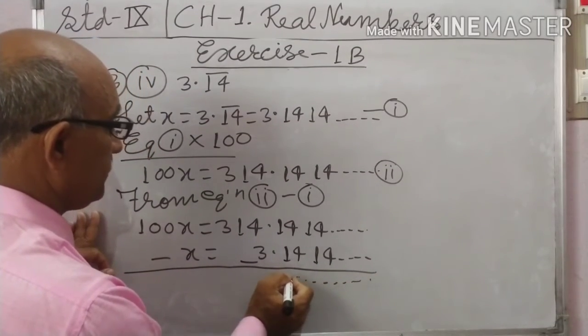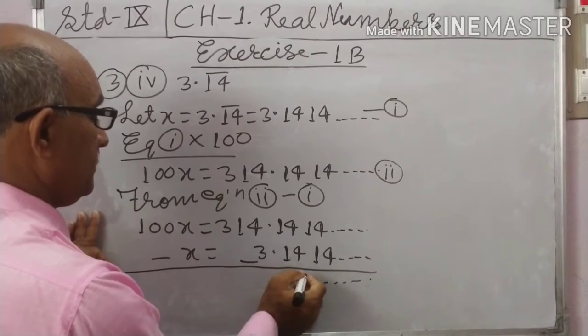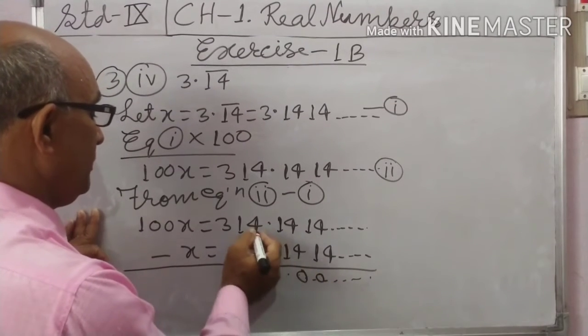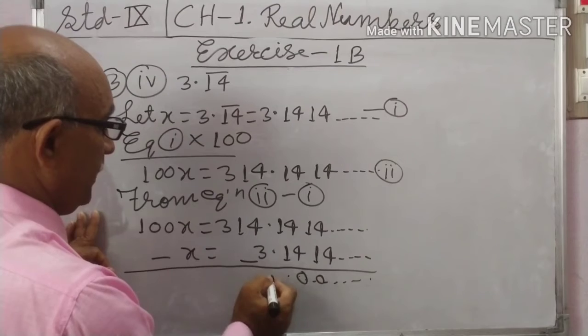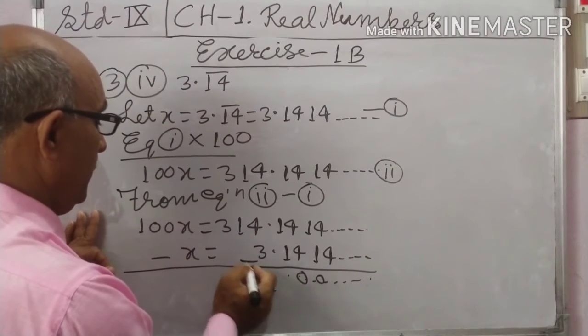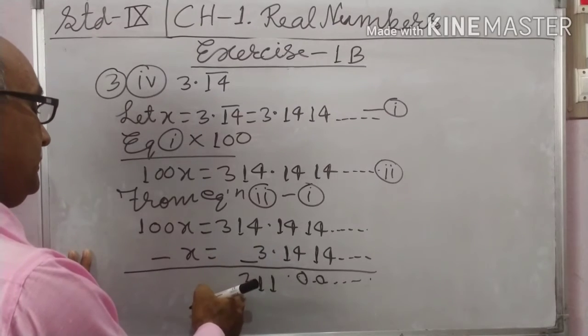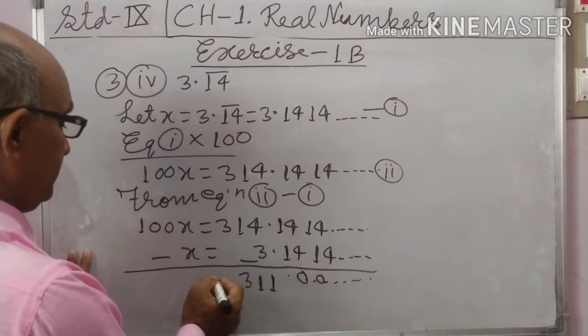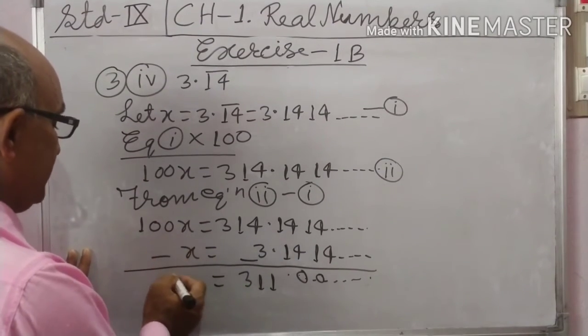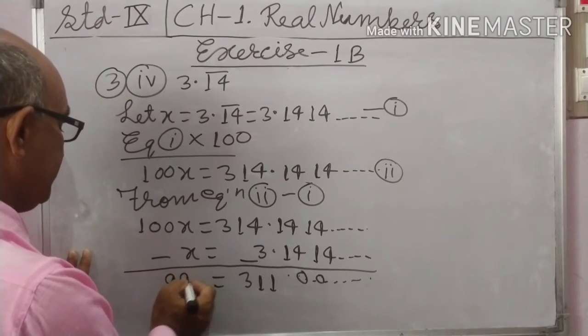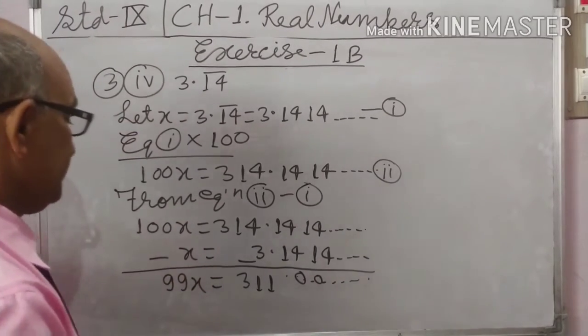Dot dot dot, 0. 4 minus 3, 1. 1. 3. 311. 100x minus x, 99x.